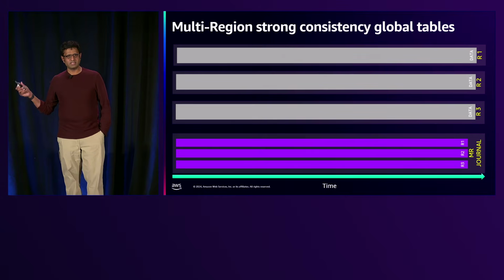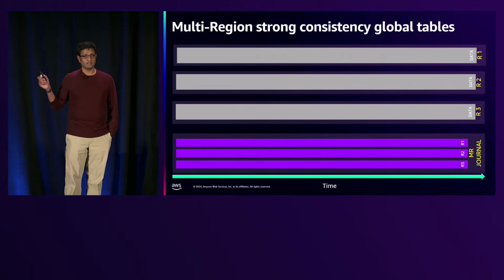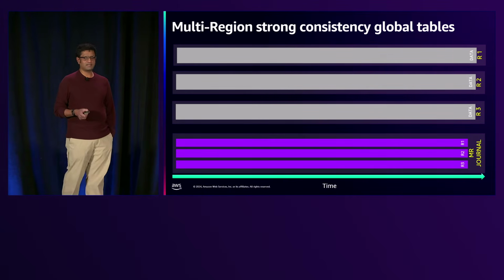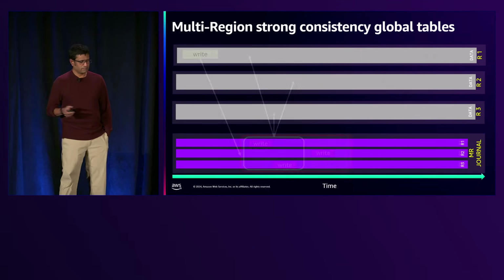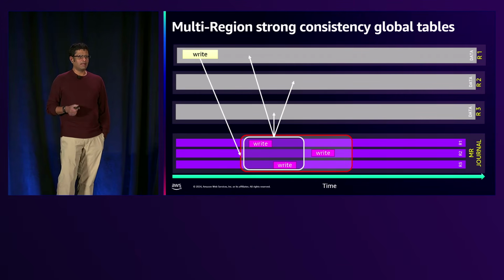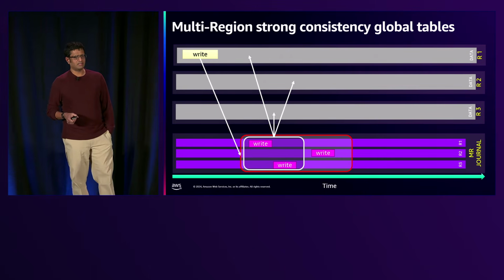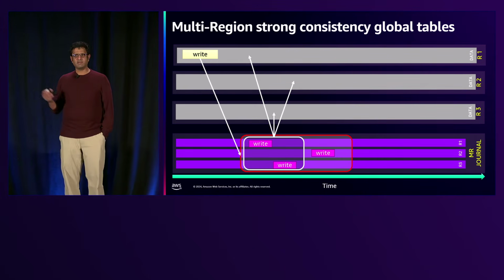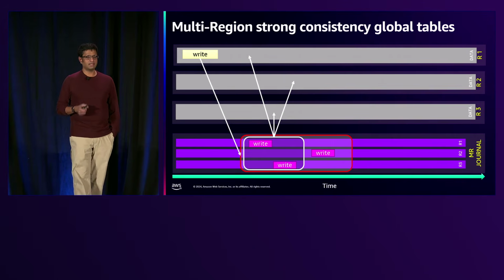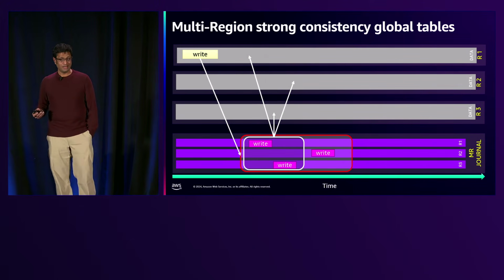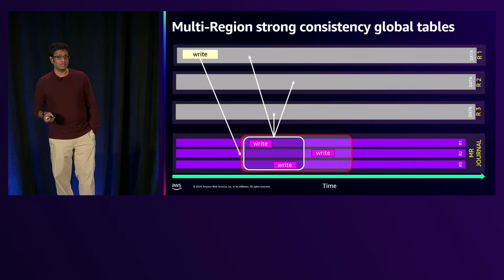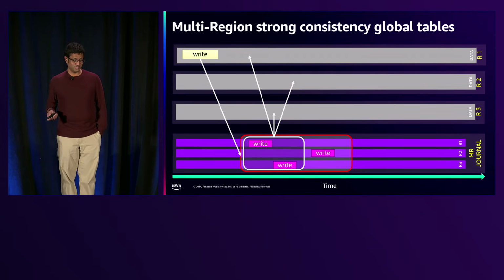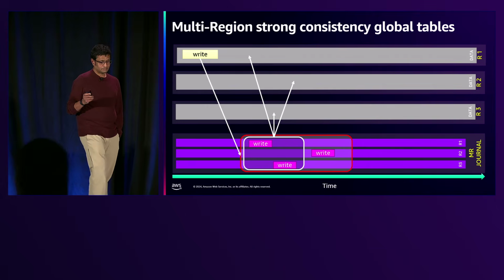All MRSC global tables today are 3-region specific, so the multi-region journal also spans 3 regions. And this log is an append-only log. When you write to this MR journal, once it's accepted by 2 out of the 3 logs, a success is returned to the writer, plus a commit callback is also issued to the listeners in the other regions. Right?